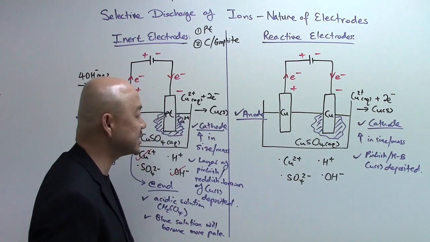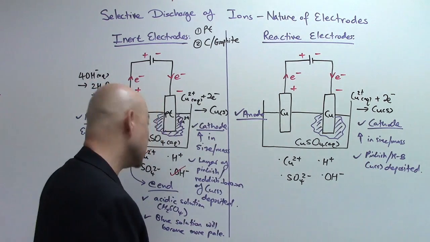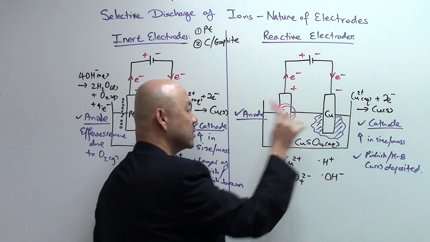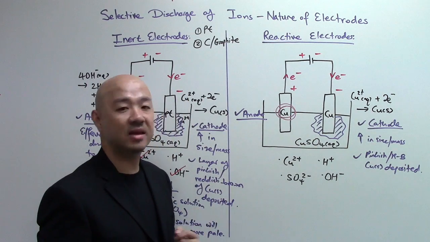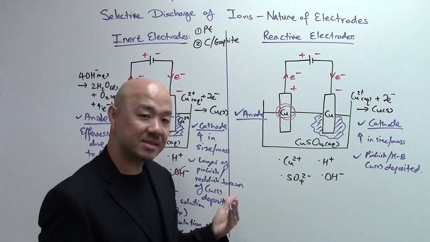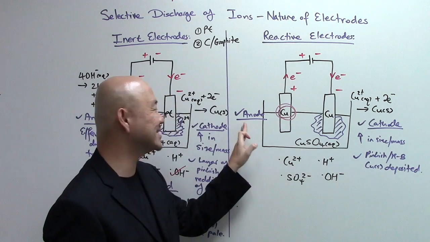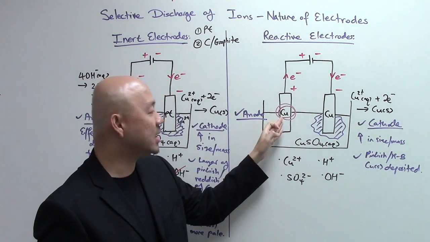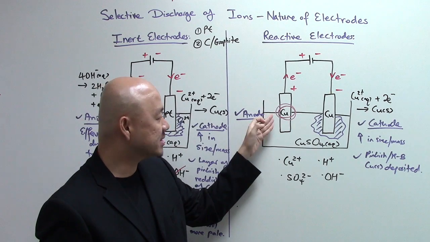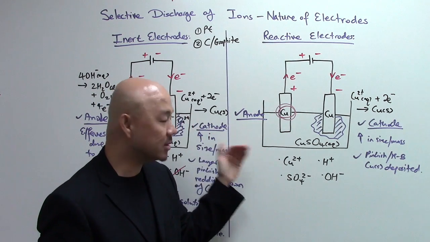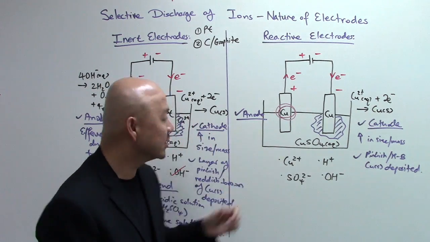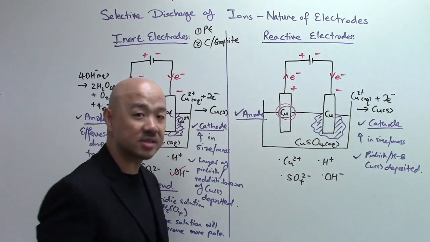However, do note at this side there's something special, because copper is a reactive electrode. Copper itself, copper metal, will also tend to want to get oxidized at the anode. So this step is more predominant, it is more preferred over the discharge of hydroxide ions.